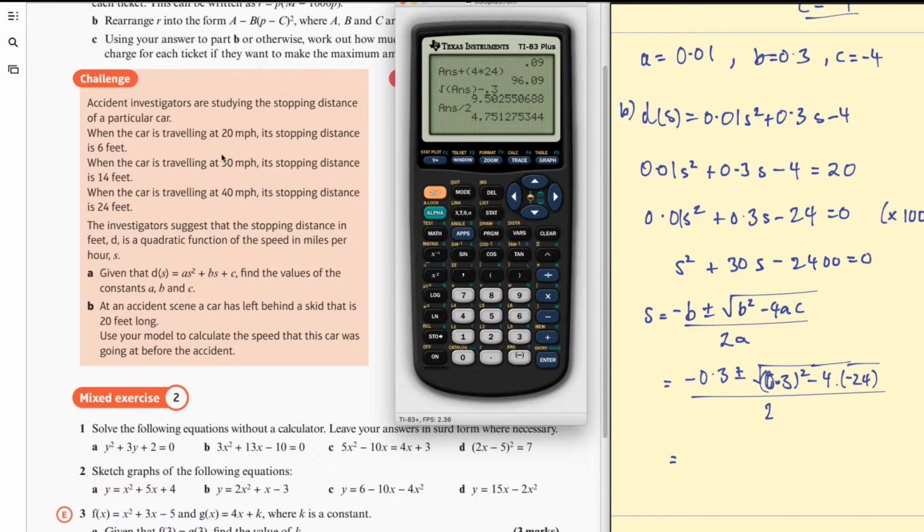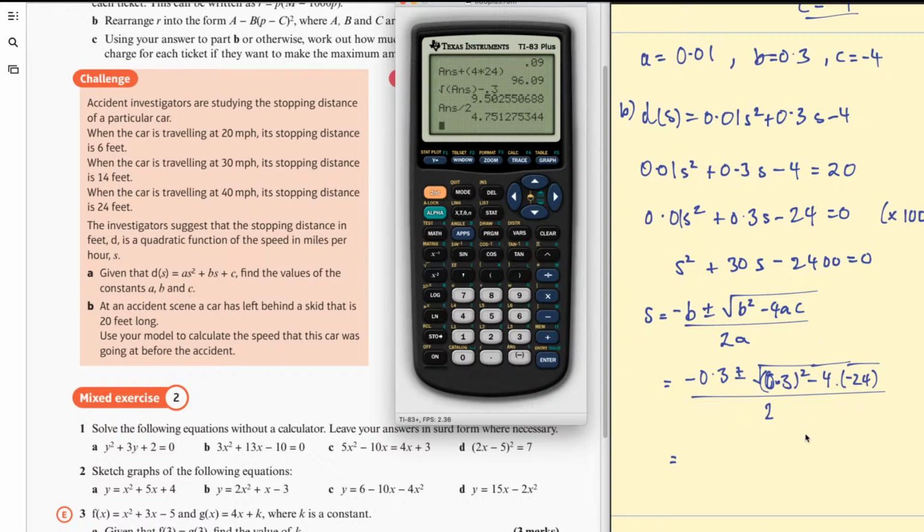Well, basically, it has to be between 30 and 40. By 0.01.